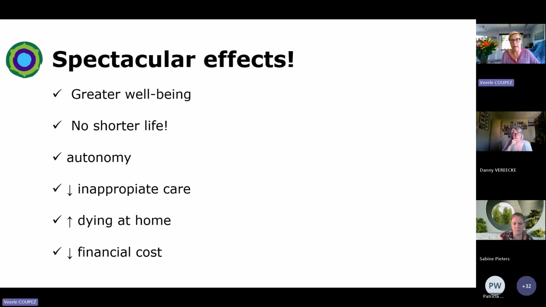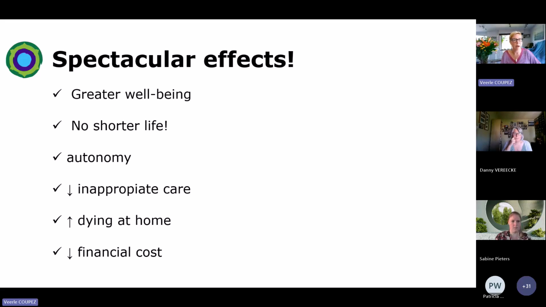Patients' wishes and preferences are respected because there's more room for autonomy earlier in the disease trajectory. If you can talk to someone close to the diagnosis about what he or she wants in care, in life, then you give a lot more autonomy to this person. It results in greater well-being. We see that there's less inappropriate care at the end of life.